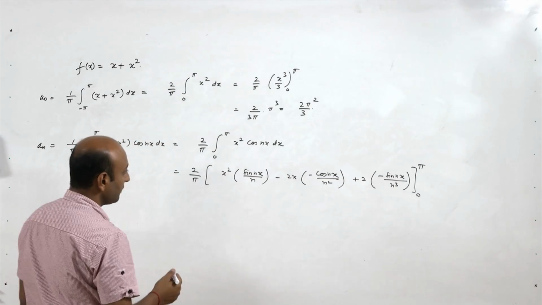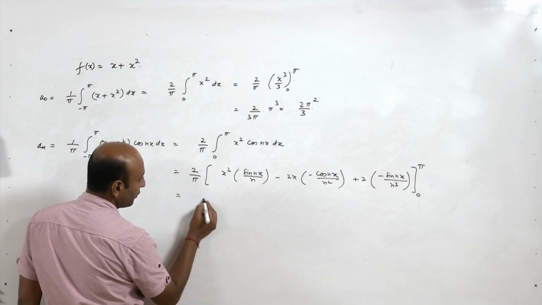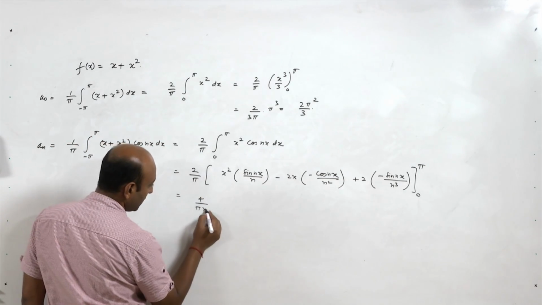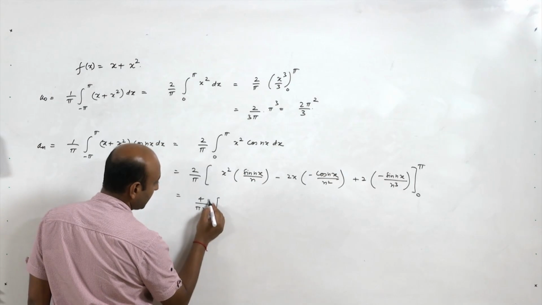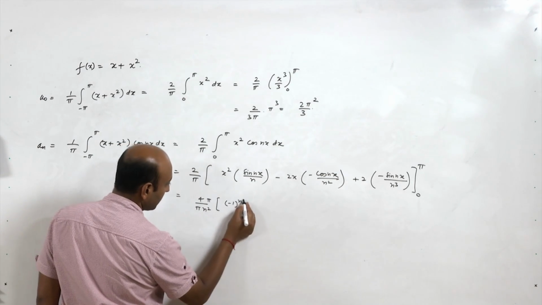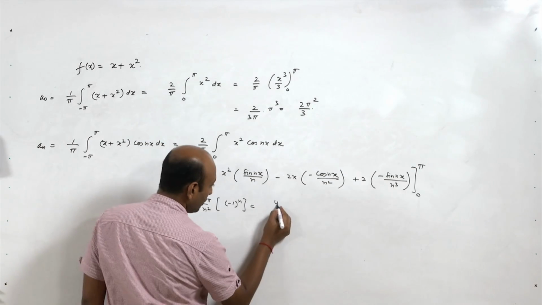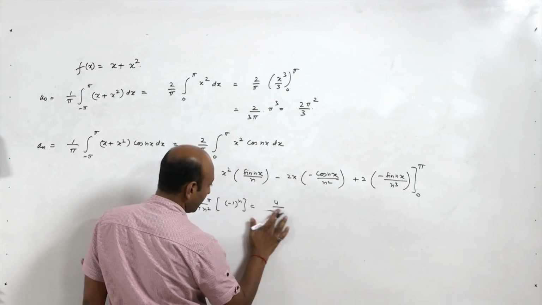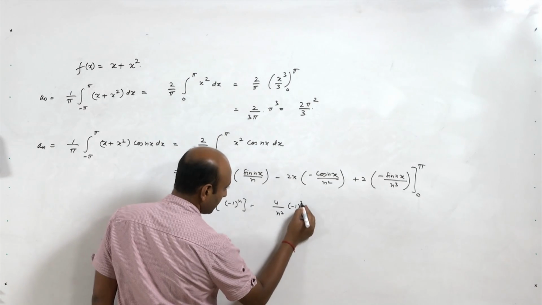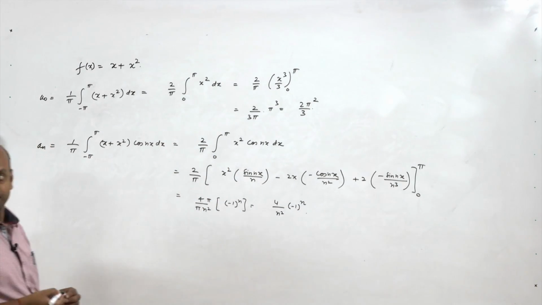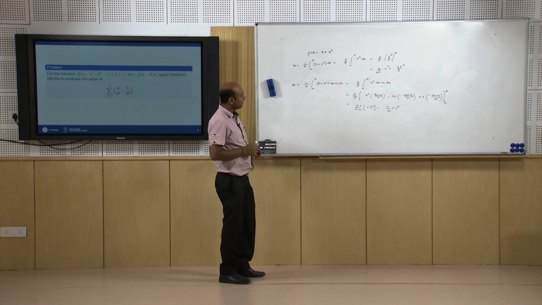So, only one term will be left, which is nothing but 4 upon pi n square, and when x is pi, it is pi times minus 1 to the power n. It is 4 upon pi, and pi cancels out, so it is 4 upon n square into minus 1 to the power n. Okay. So, this will be a n.